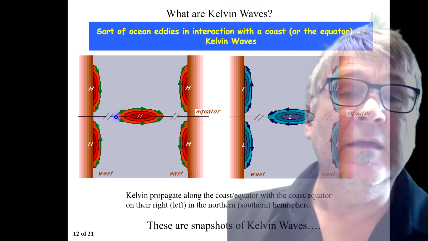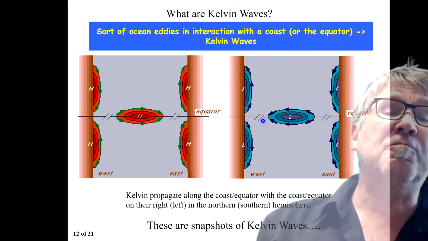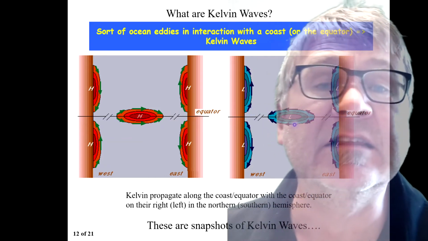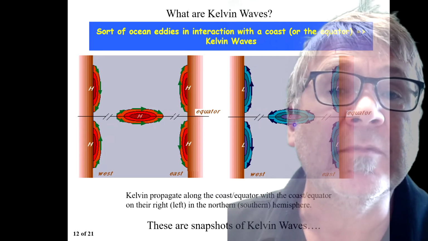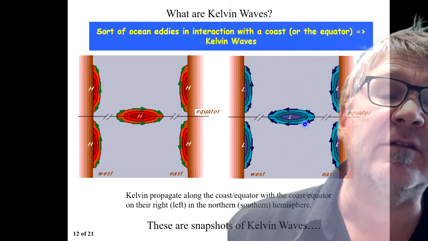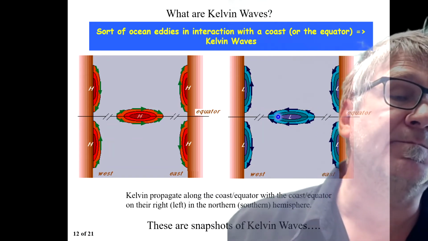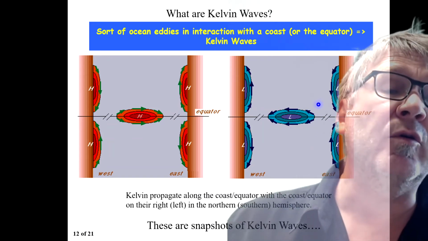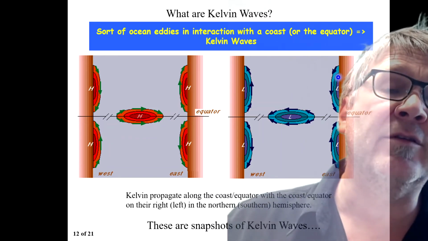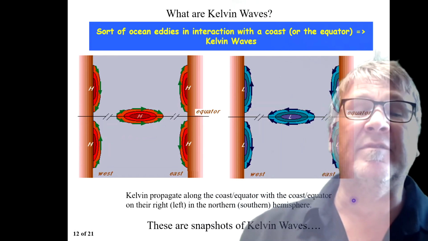And if you now look at low pressure systems, they actually behave exactly the same way. The low pressure system can also only travel eastward along the equator. It can only travel with the coast on its right in the northern hemisphere, on the left in the southern hemisphere.